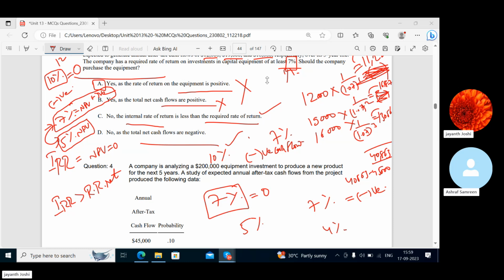So IRR is more than, so what is happening at 7%, which is our required rate of return? What we did at 7%, the NPV is negative, right? I'll write it here.